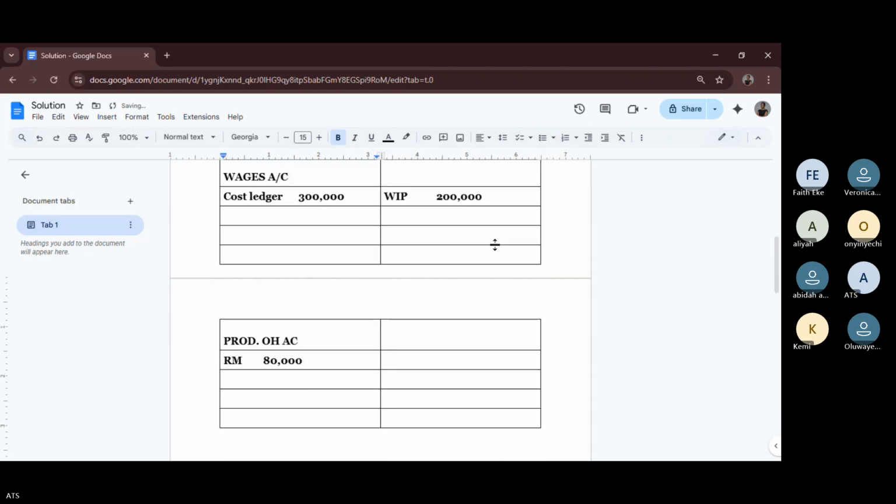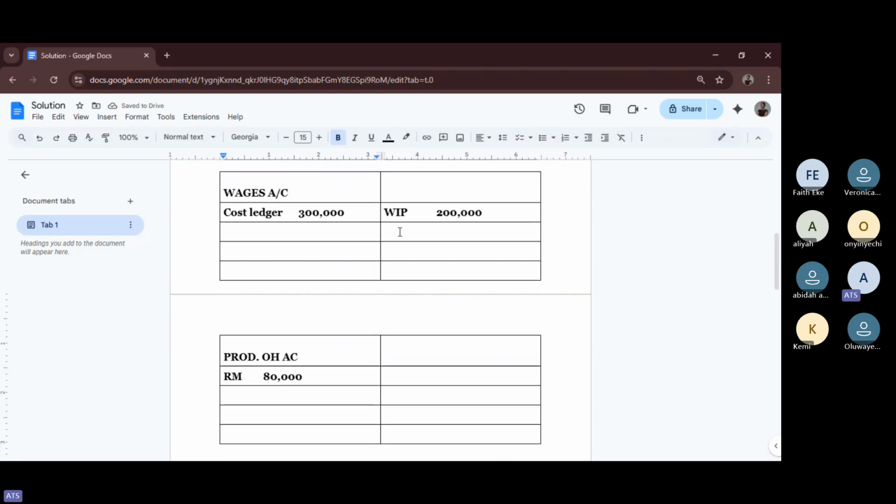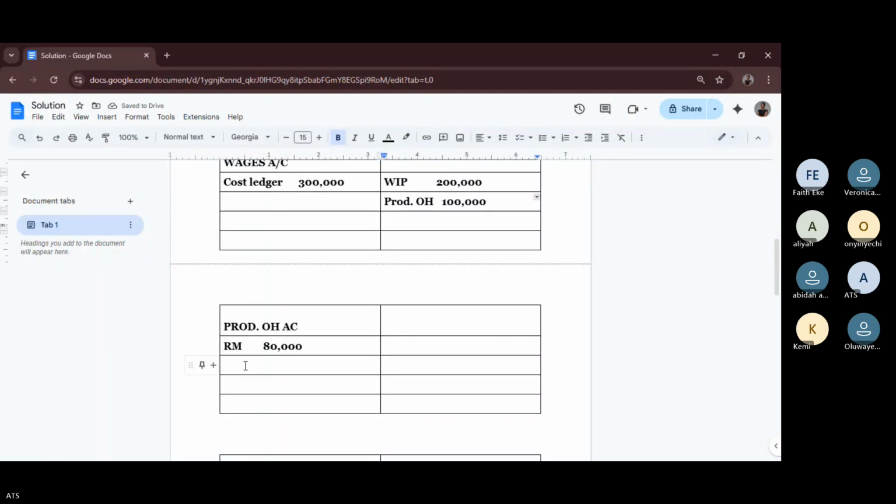And then now come here again. They said they also gave to factory, so production overhead, right? Yes, ma'am. 100,000. So it comes to production overhead account, and you say wages, 100,000.